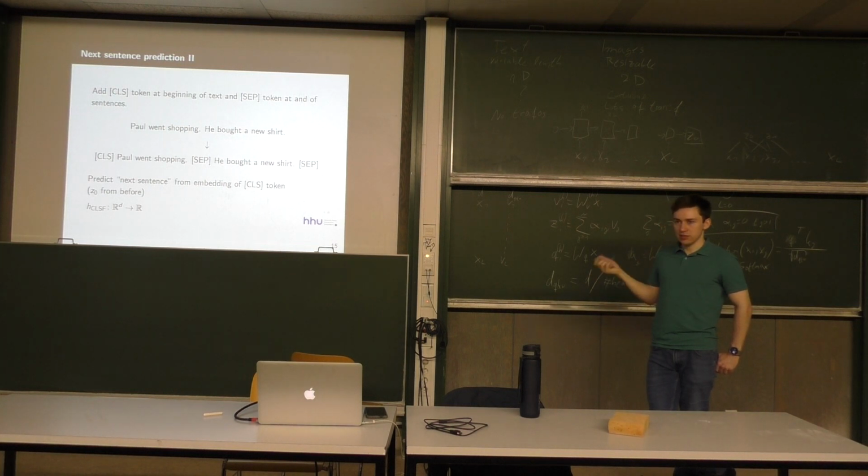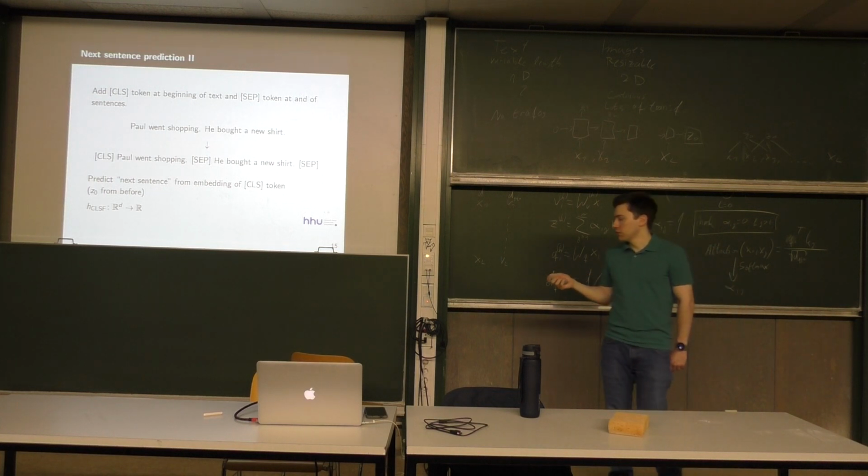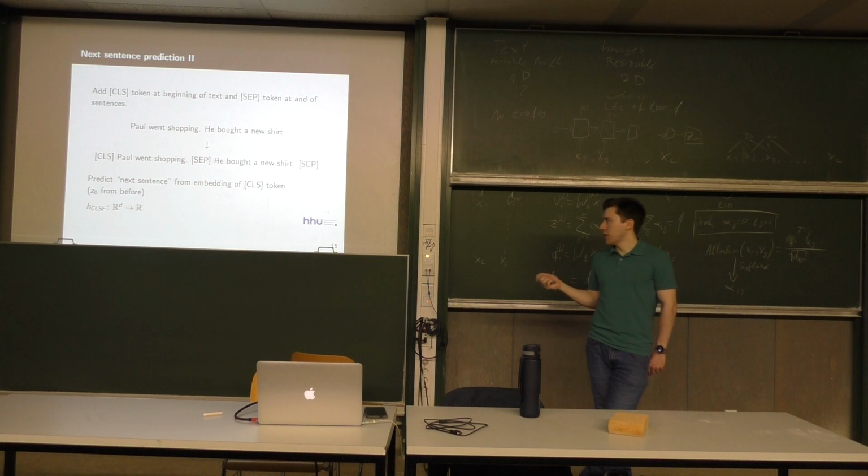Because this is not a token level task, we only want to predict yes or no. It's a binary classifier basically. We predict it on the embedding of the class token. So the embedding of the class token is basically that Z0 that I talked about before. It should contain basically everything about the task, and we'll use this embedding if we want to do non-token based tasks at the end.